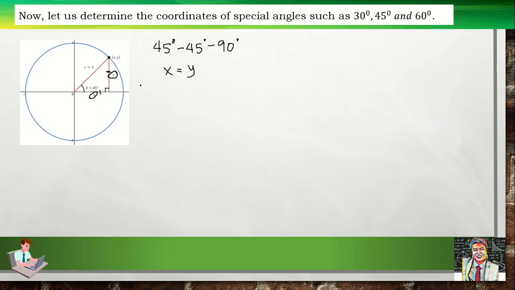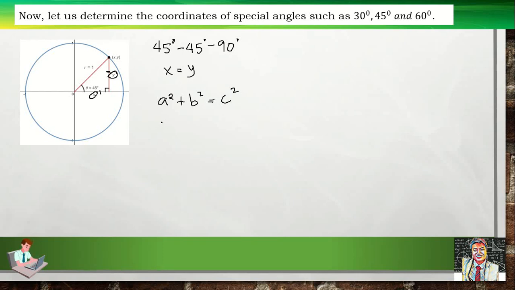So, paano natin kukunin yung length ng side niyan? Since this is a right triangle, para makakuha ka ng length ng isang side, pwede natin gamitin yung Pythagorean formula, kasi applicable siya for right triangles. Wherein that is a squared plus b squared is equal to c squared.